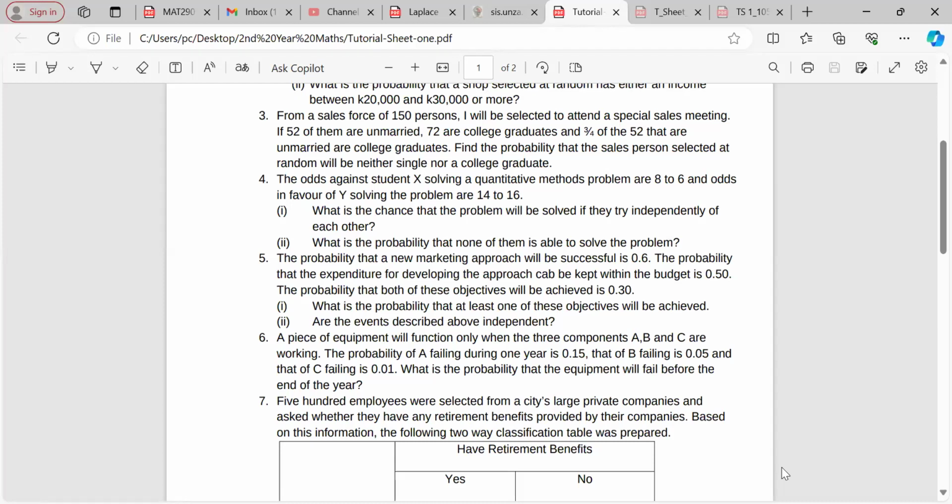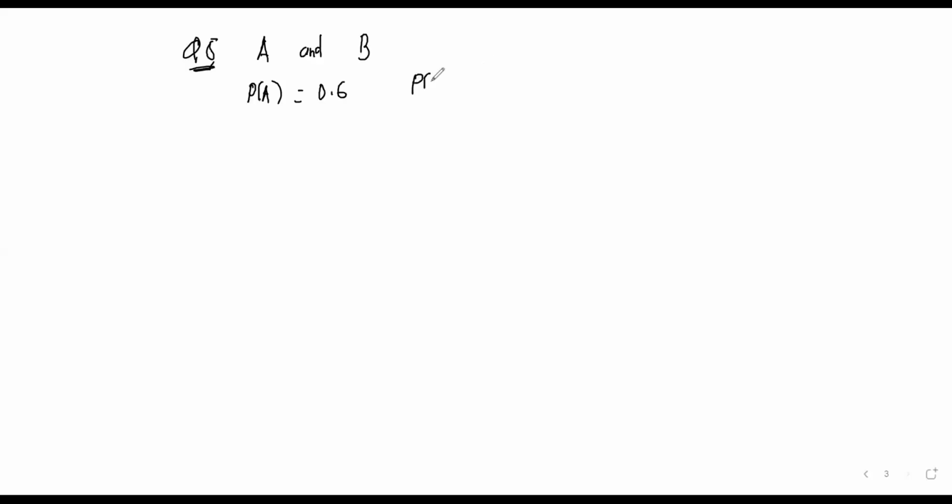And then B, that developing will keep the budget within 0.5. So successful is 0.6, developing kept within is 0.5, and that both objectives are achieved is 0.3.